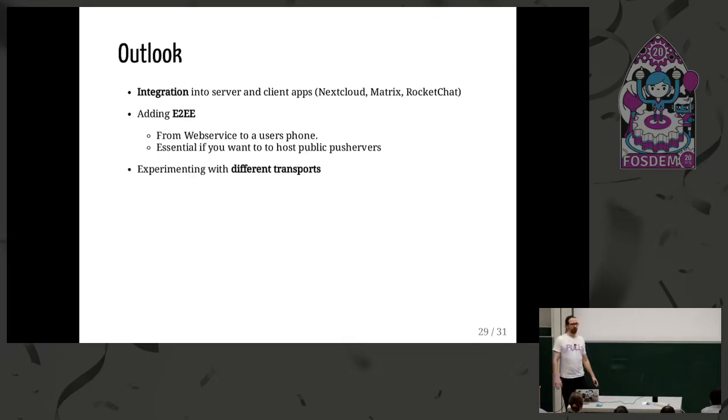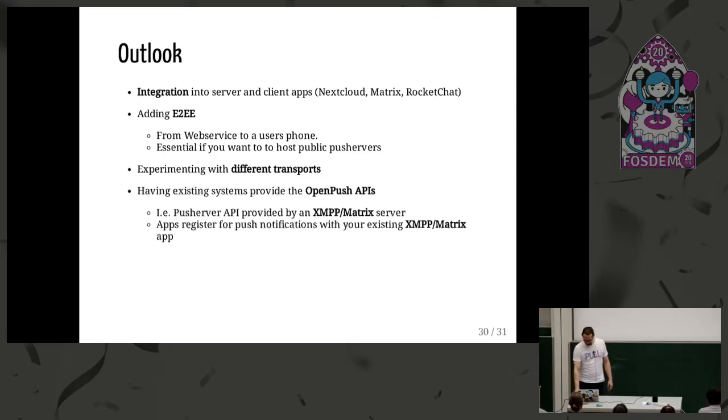I also want to experiment with different transports and server-sent events. That goes hand in hand with seeing how it works in practice with actual networks. And one other interesting thing that came up is having existing systems be the push provider for your phone. So if you're already running an XMPP client on your phone, you already have this persistent connection to your XMPP server because that's how XMPP works.